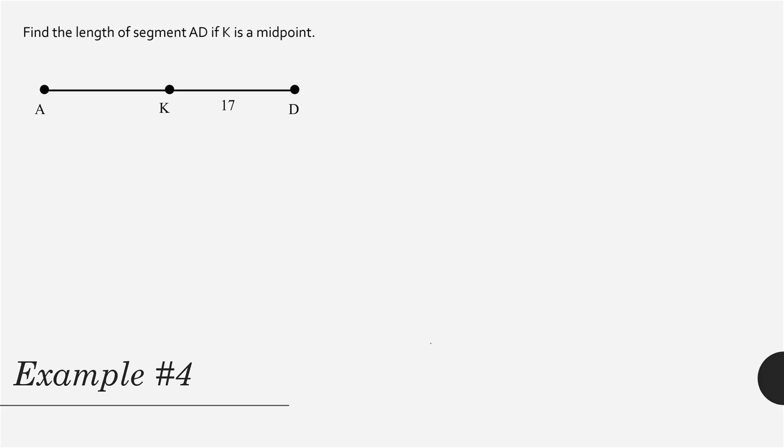Okay, so here we have another problem that uses this word midpoint. Find the length of segment AD if K is a midpoint. Midpoint means both of these sides are congruent.